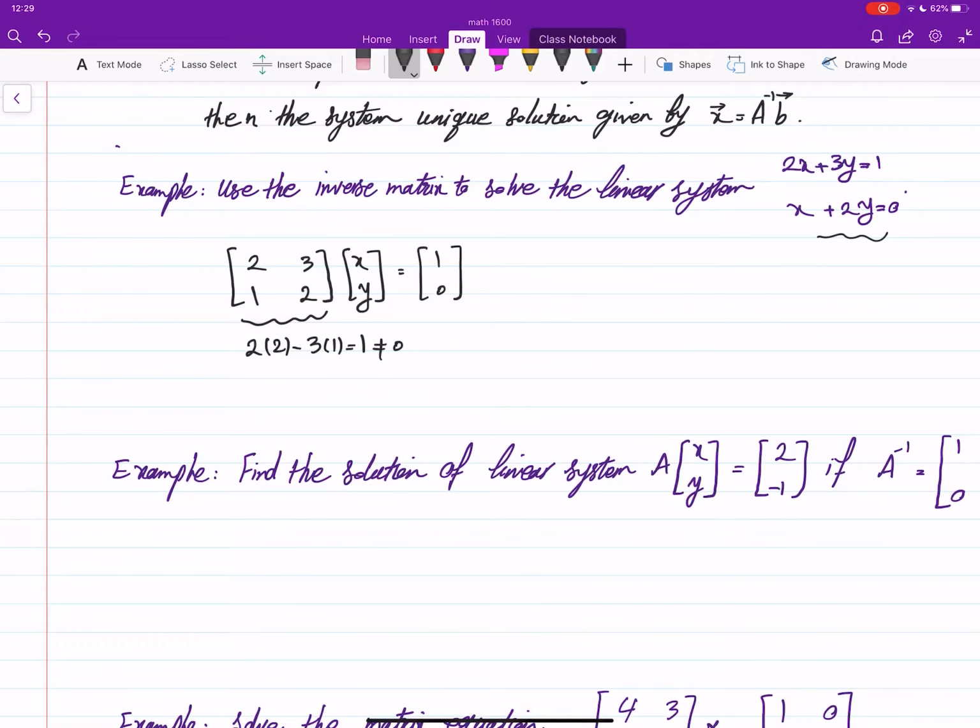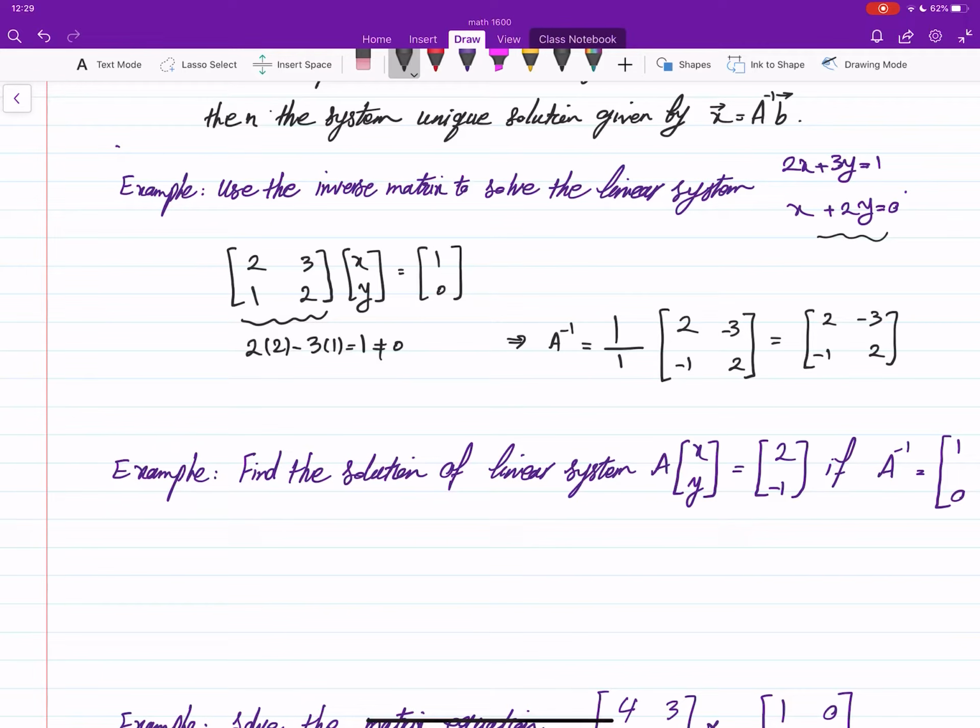As a result, A inverse is 1 over AD minus BC times the matrix where we interchange the entries on the main diagonal and multiply the off diagonal entries by -1. So the A inverse in this case is this one.